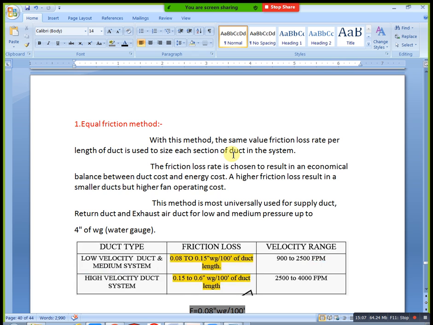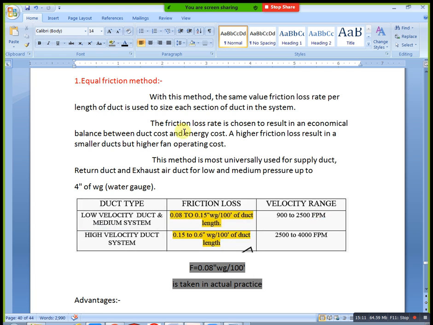The friction loss rate is chosen to result in an economical balance between duct cost and energy cost, means fabrication cost and at the same time running cost. Initial cost is high but running cost is lower compared to other methods. This is better for residential and commercial.